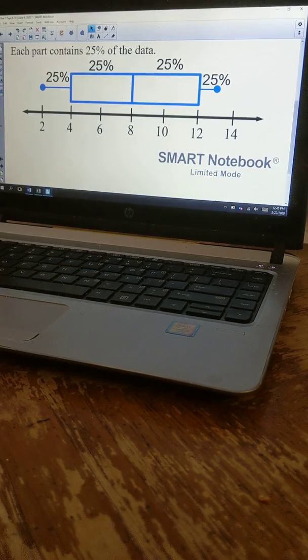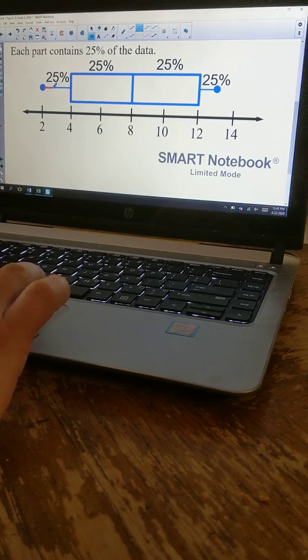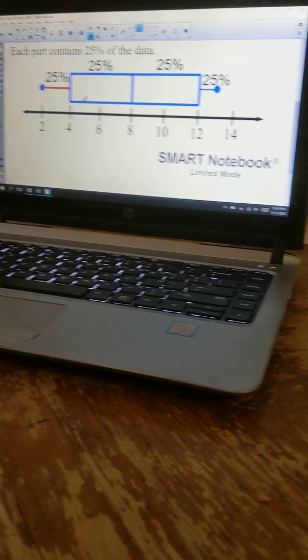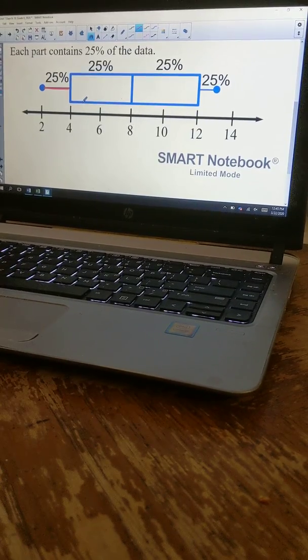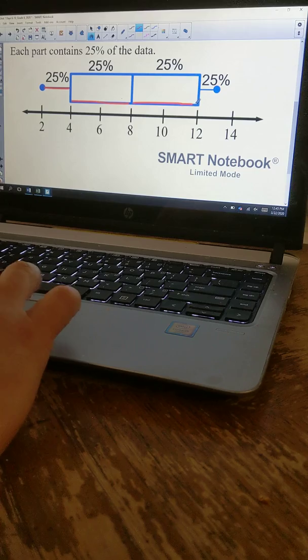So even though the actual pieces of the box are different sizes, every part contains 25% of the data. Each part of this contains 25% of the data. So there's another 25% of the data here, another 25% here, and another 25% here.